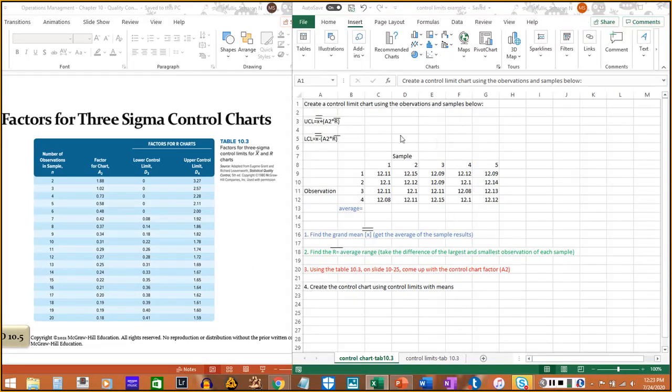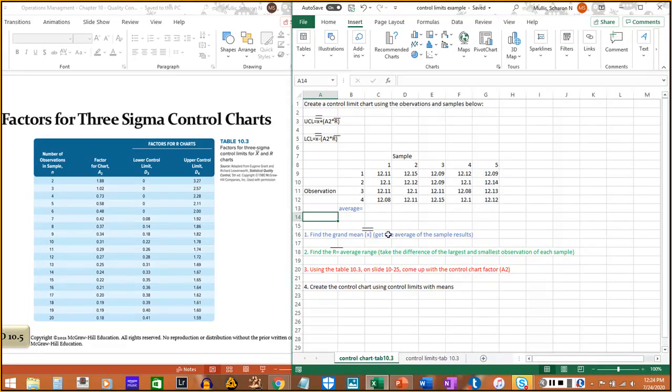Alright, so for this example, create a control limit chart using the observations and samples below. I highlighted the different steps that you need to do to come up with the control limit chart. The first thing you have to do is find the grand mean.